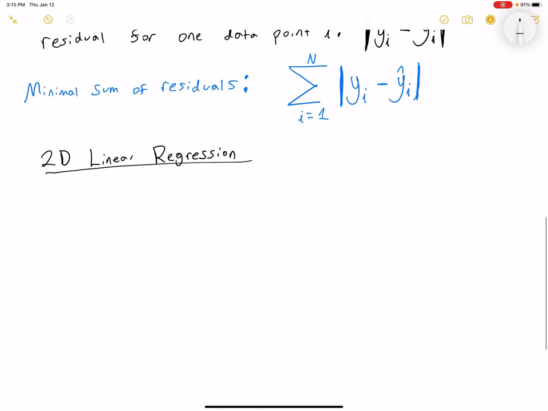And in this case, we can draw a 3D plot where we have our input 1, our input 2, and our predicted value.